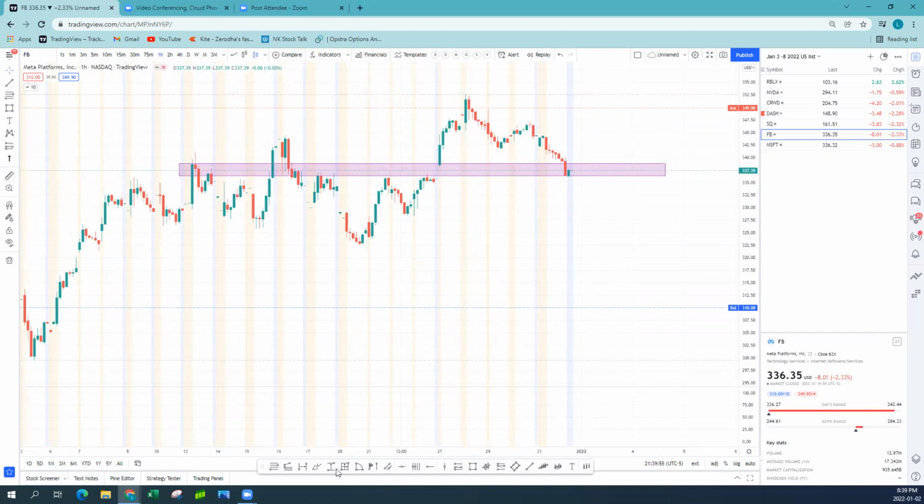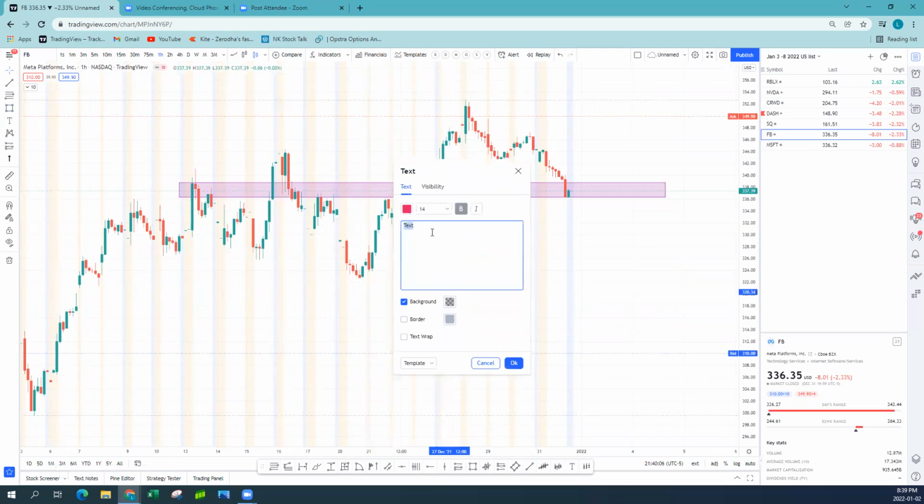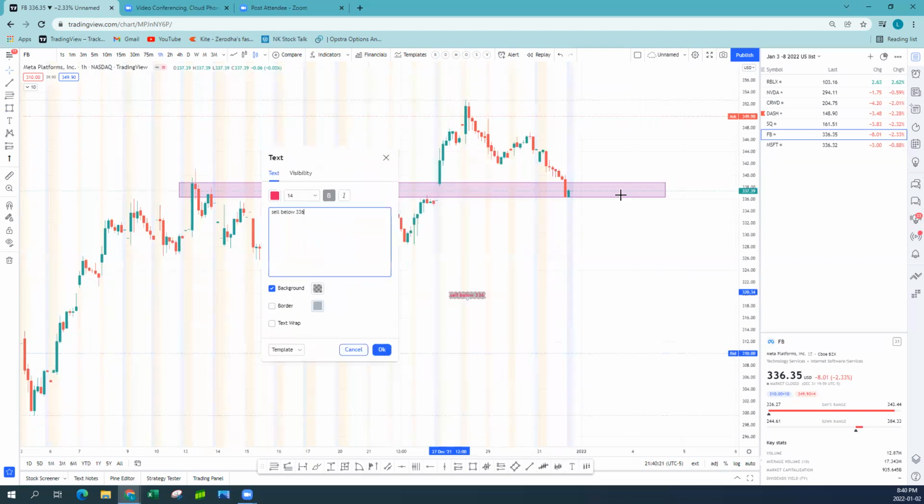So here, what you can do is, let me just write it down here. Sell below the area 336, so you have to wait for a 50 minute candle to close below that area. Stop loss, you can put it above this area, around 338.